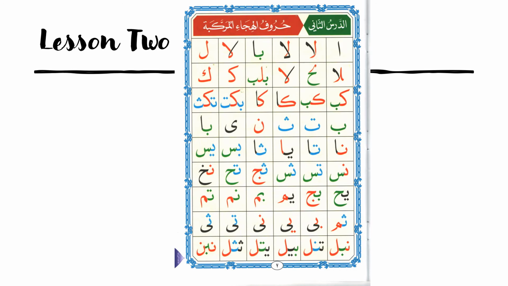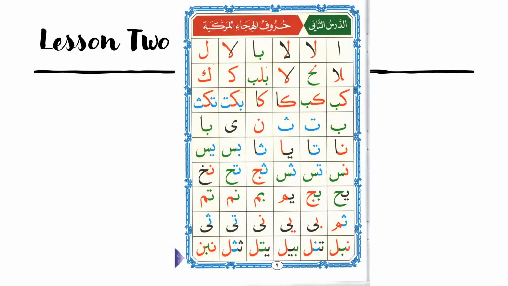And if it's connected to the letter before, you have to use this way. So this way and this way can be used if there is nothing attached to it. But if there is something attached to it, you will have to use this way, which is this way with the connection. These are just different ways of writing lam alif.